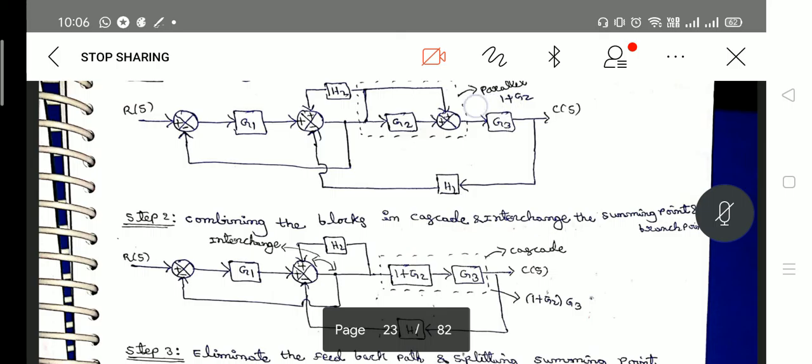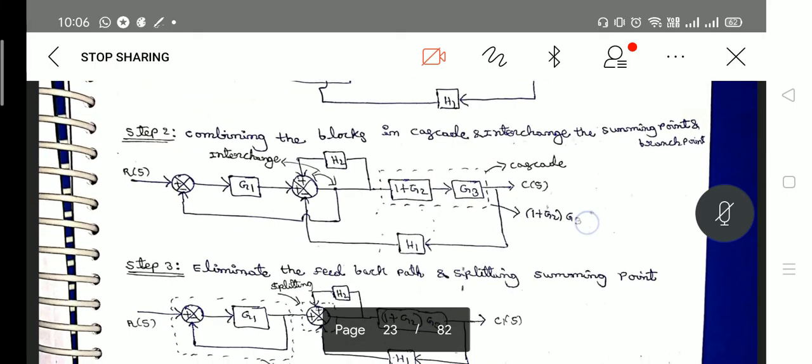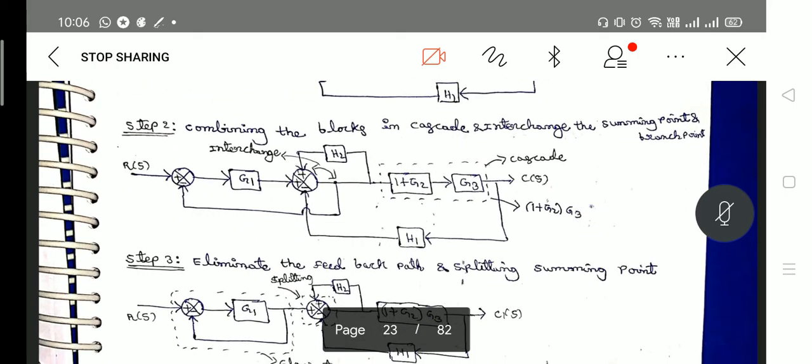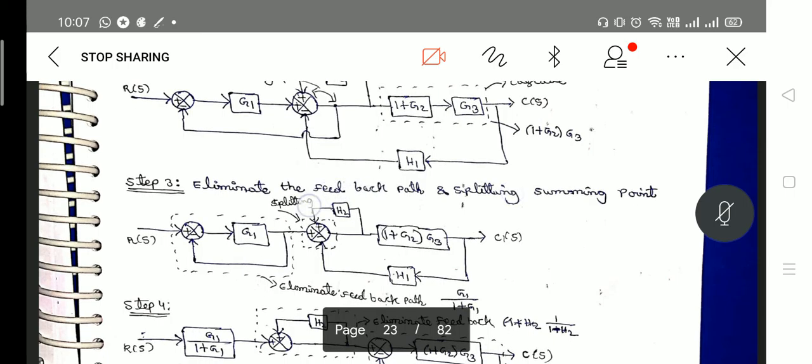Then after, these two are in cascading. So 1 plus G2 into G3. We can interchange these two, then we will get the negative feedback loop here. Here I am splitting this summing point.